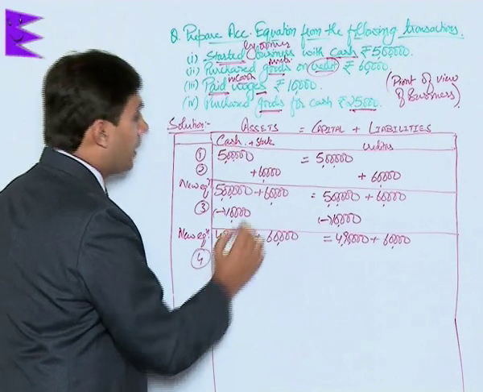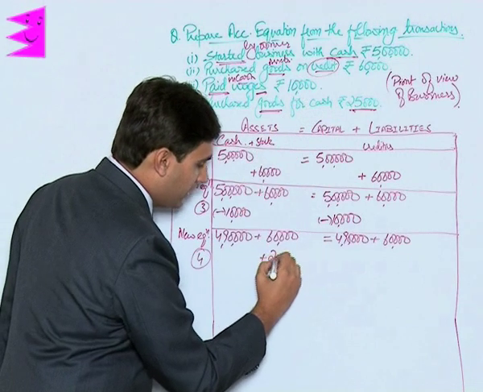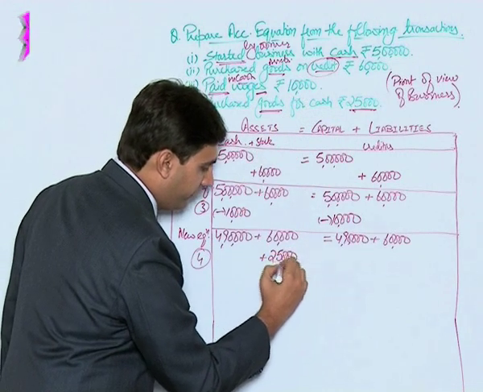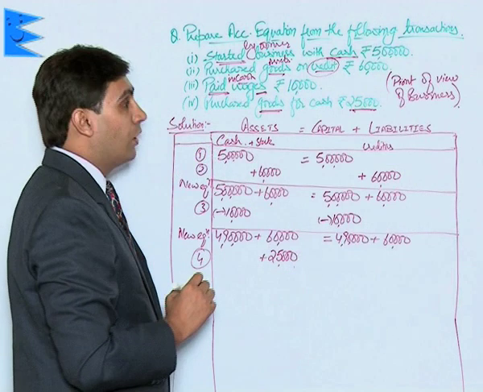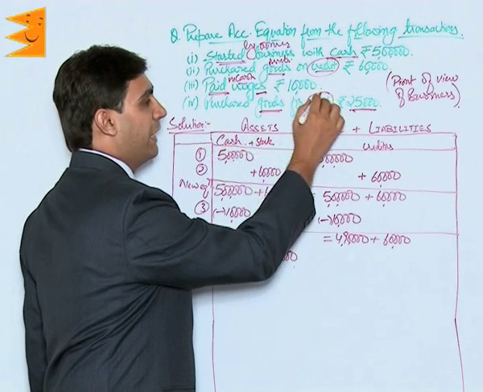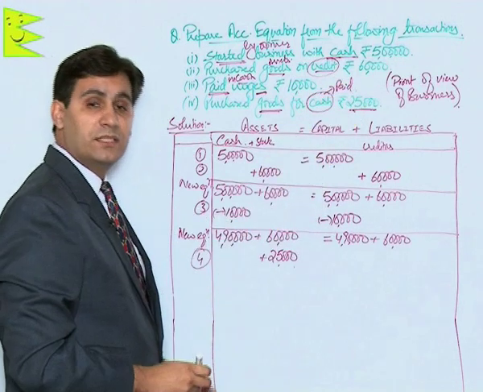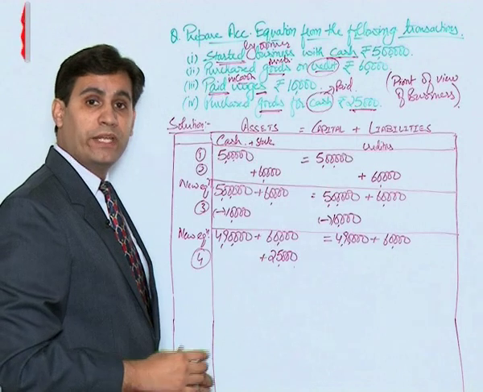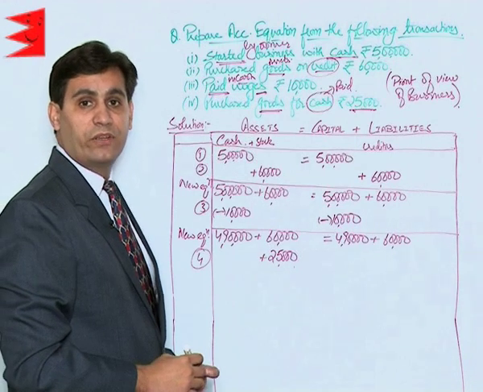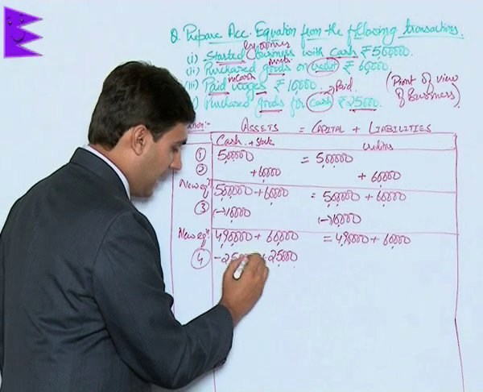So the effect of this transaction would be that the stock will increase by 25,000. What will be the second effect? Students, it is very clear that we have paid cash. Since we have paid cash, that means there should be a corresponding decrease in the amount of cash. So let us deduct 25,000 from cash.